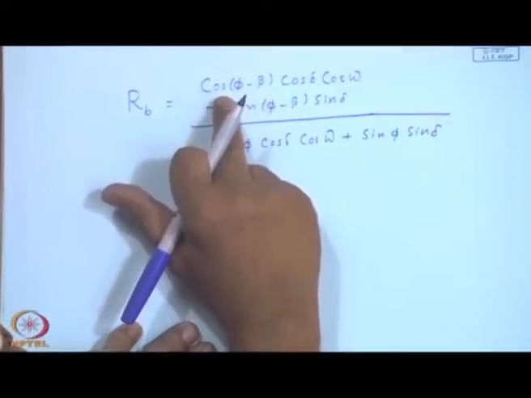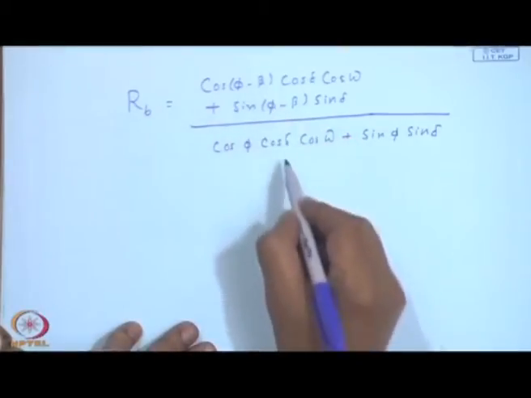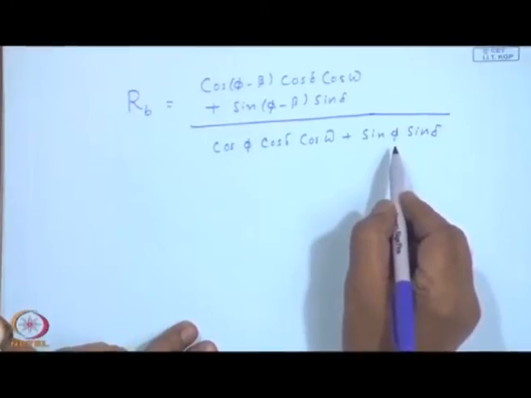This is cos theta for gamma equal to 0. So, if you put beta equal to 0, you will get this result. So, this is R B for a south facing surface.